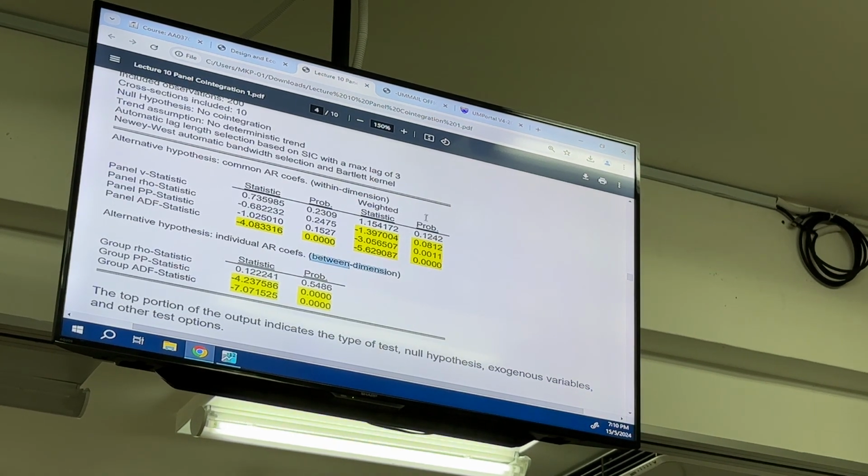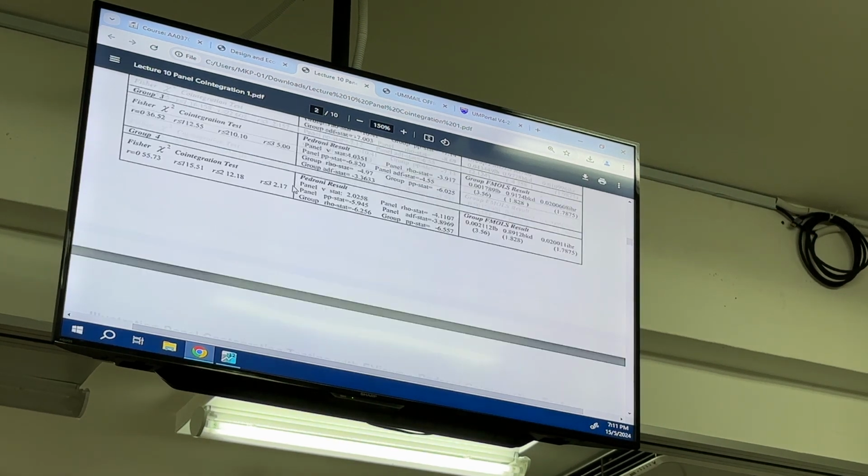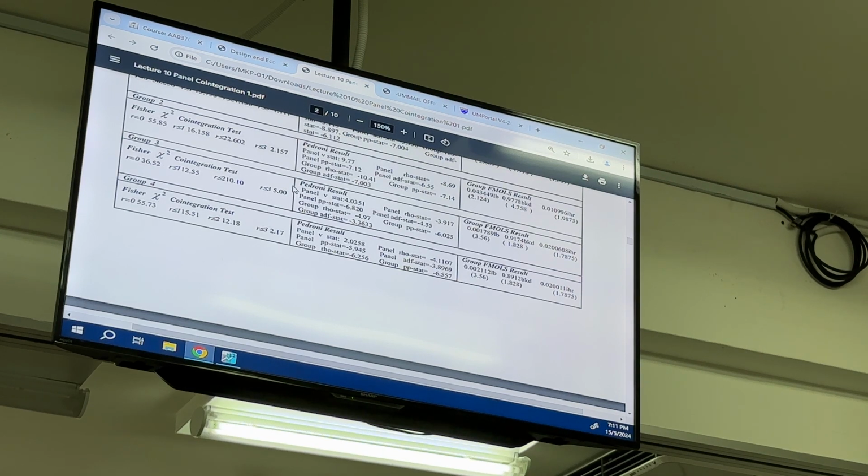So what's the difference? The homogeneous alternative is that rho is less than 1 for all, a common AR, so a common autoregressive coefficient. This one refers to the common coefficient, rho equals rho_i less than 1.